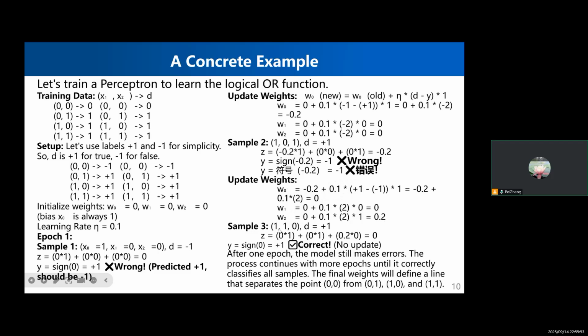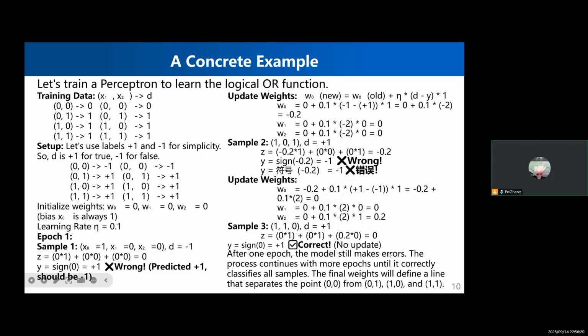With the third example, x0 is 1, x1 is 1, x2 is equal to 0. The true value d should be +1, and the z value is equal to 0, and the output y of 0 should be +1, which is equal to d, so that is correct.